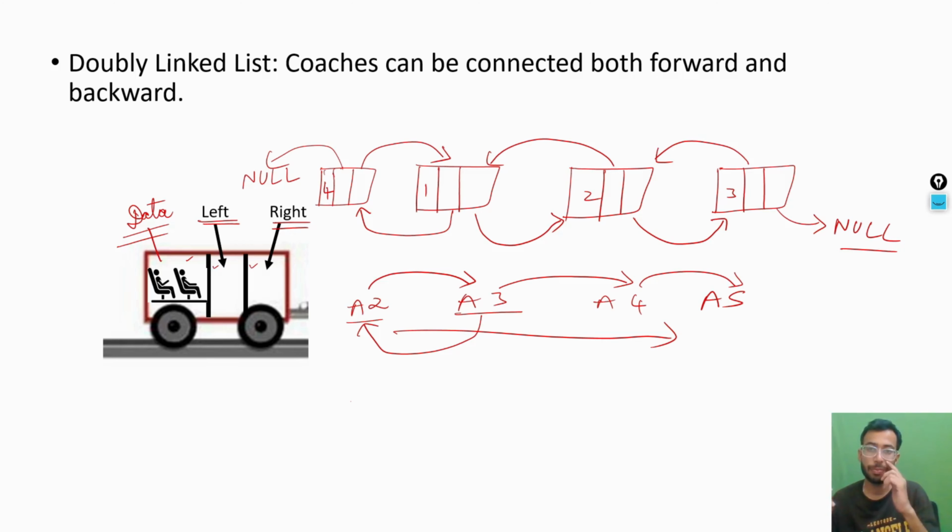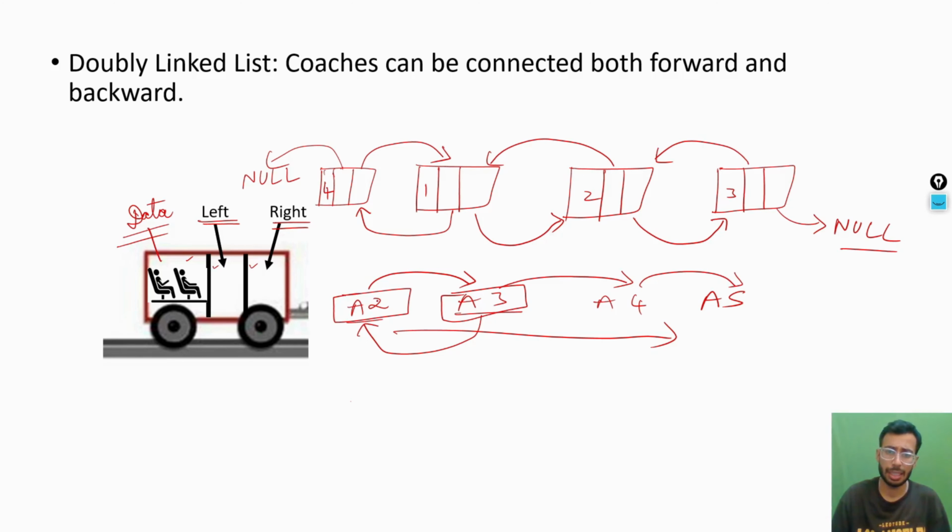Now, why is this helpful? First of all, this will help us in certain kinds of operations. We will see in the coming slides what the different operations are that we will perform. Let's say the ticket checker officer wants to check the tickets, but this compartment is busy with something. The people have not boarded A3 compartment, and the ticket checker is on A2 compartment.